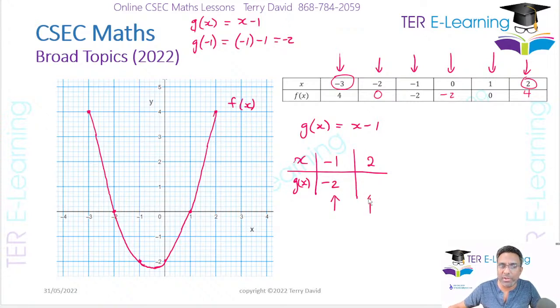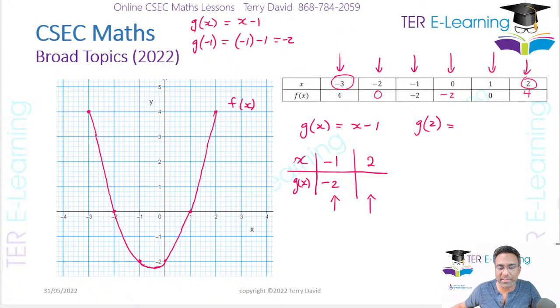What I want from you all now, I want you to work out g of 2. Right, I've seen some people getting 1 as the answer.